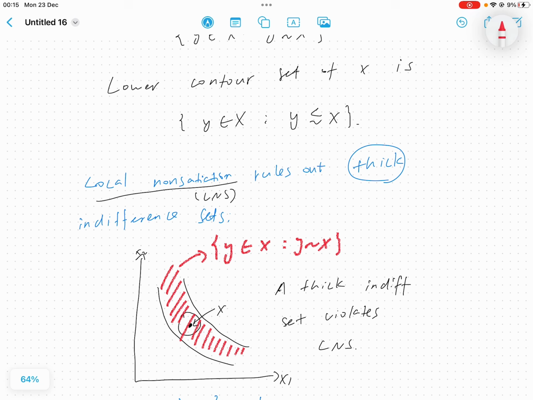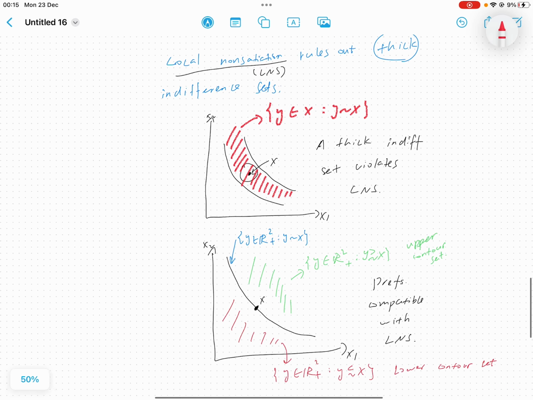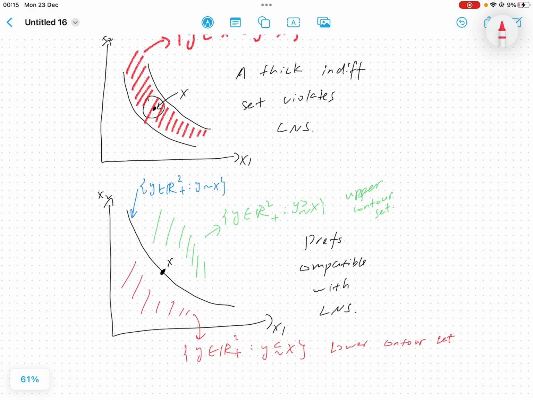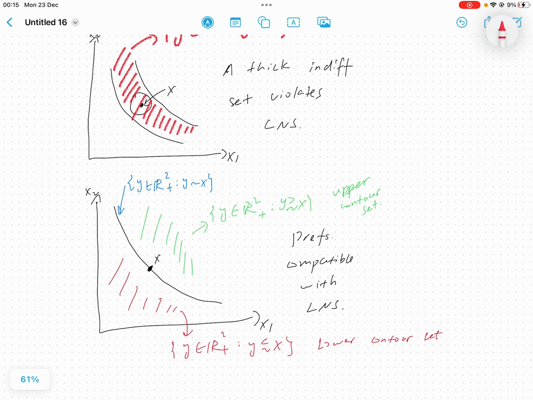So we can see that if we have the thick indifferent sets, then local non-satiation doesn't hold, right? Essentially, local non-satiation helps to rule out the thick indifferent sets. Okay, so how about normal or compatible preferences that are consistent with local non-satiation?